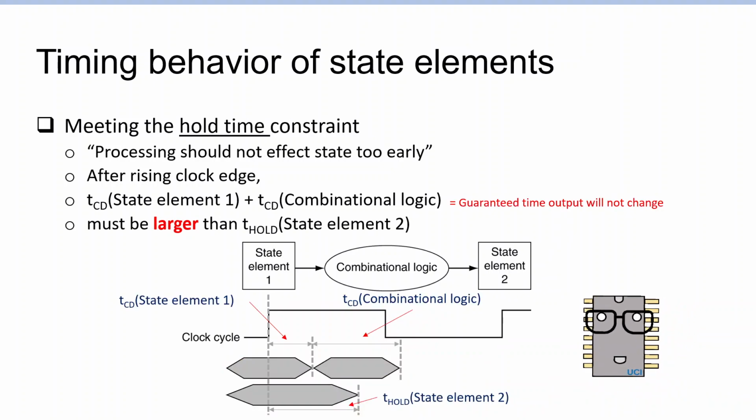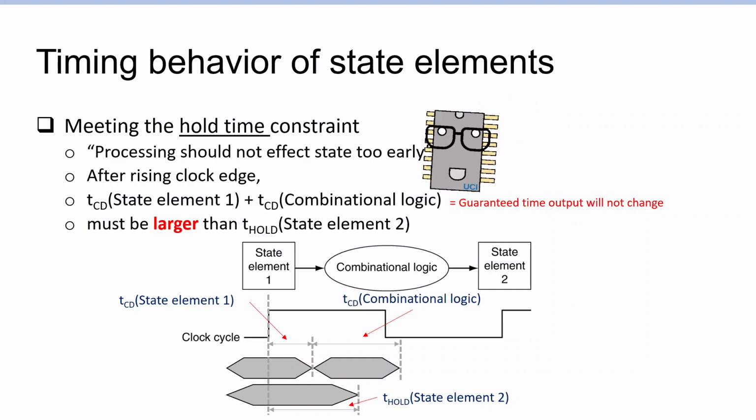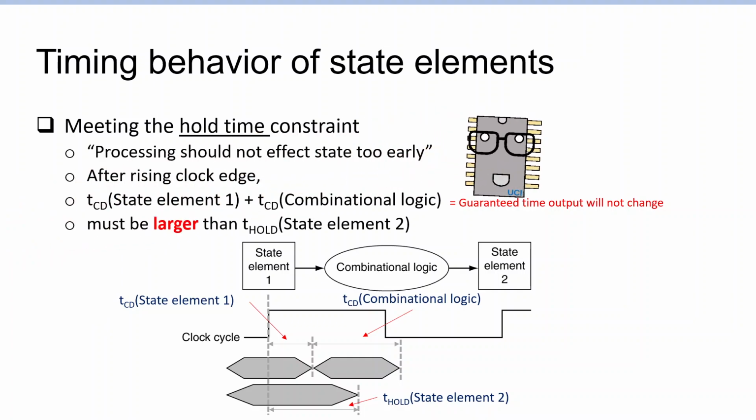The second constraint is the so-called hold time constraint, meaning, intuitively, processing should not affect the next state too early. After a rising clock edge, the contamination delay of state element 1 plus the contamination delay of the combinational logic basically describes when the input to state element 2 is going to change and go into the fuzzy state.